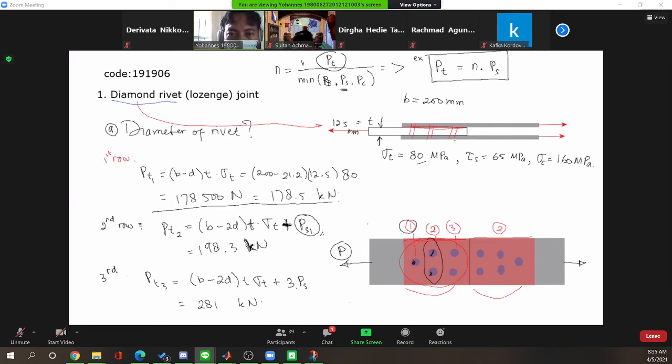And how about the shearing resistance for all the rivets? The shearing resistance for all the rivets is, we have 5 rivets, and this is the shearing resistance for 1 rivet only. So here we have about this.